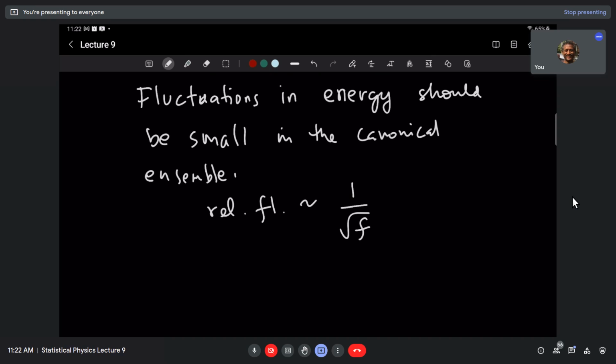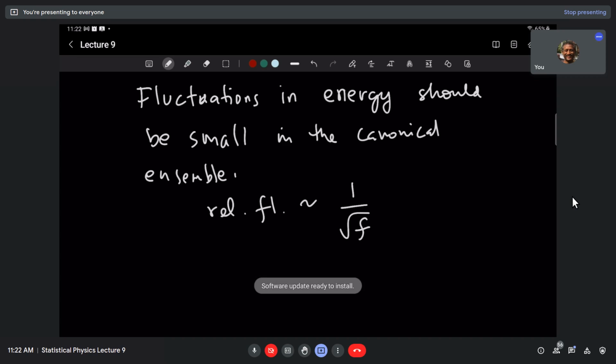Am I connected to the class? Yes, sir. Can you repeat the question? Yeah, the question is what is the situation when relative fluctuations will become small? Degrees of freedom will be large. Yes, so you just need f to be reasonably large.